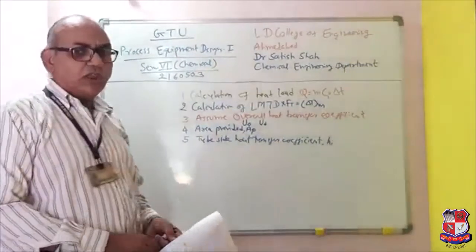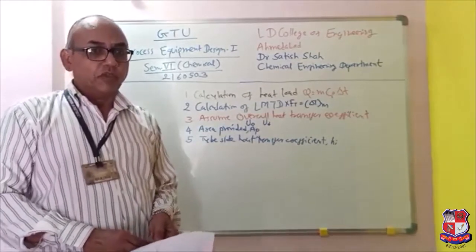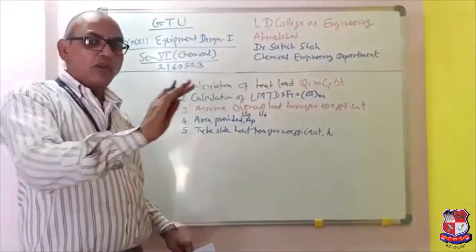Now see, as I told you, in tube side heat transfer coefficient also, most of the time we have water. And when we have water, there is no need to use all these types of formulas.